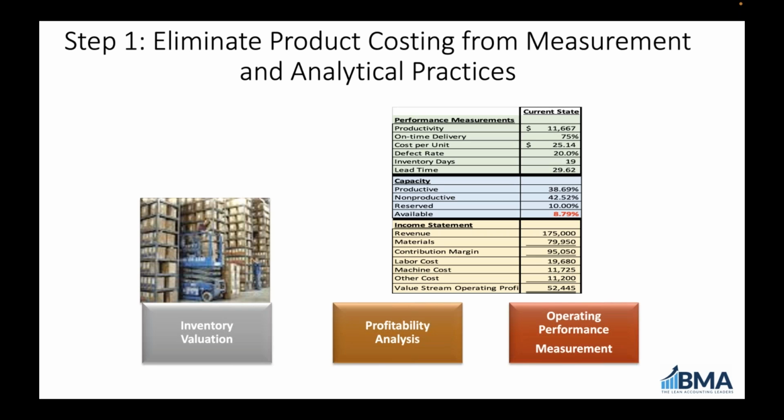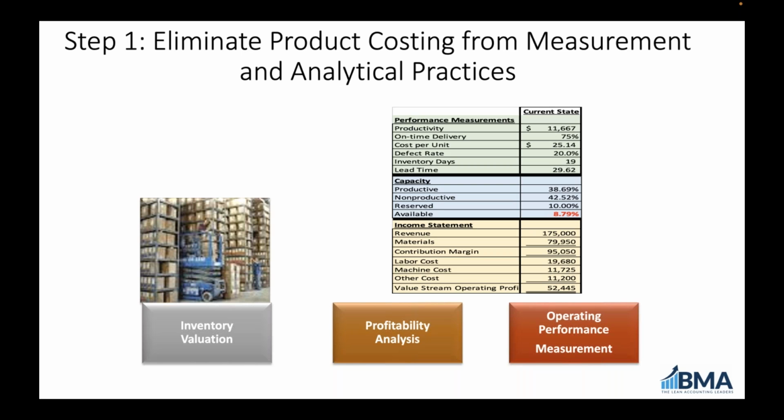Let's assume you have standard product costing. The first thing you want to do is eliminate it from any measurement and analytical practices, and replace it with a box score. We don't want to use it to understand the standard margin, and we don't want to use the variances to try to understand performance, because neither of those are really good.